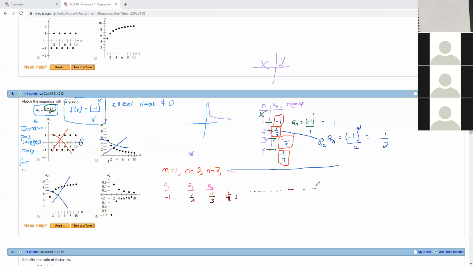And this is what brings us back, excuse me, to the last couple sections in chapter 8. So one of the things we'll be looking at here is what's happening to these individual terms of the sequence as you go out forever.